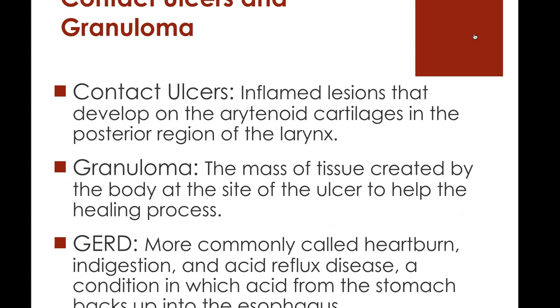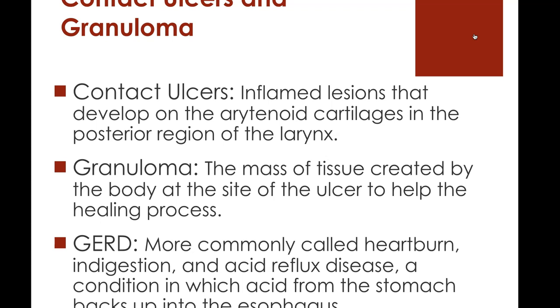All right, contact ulcers and granuloma. Contact ulcers are inflamed lesions that develop on the arytenoid cartilages in the posterior region of the larynx. So in the back of your larynx, you get these really inflamed lesions. And then granulomas are a mass of tissue created by the body at the site of the ulcer to help the healing process.